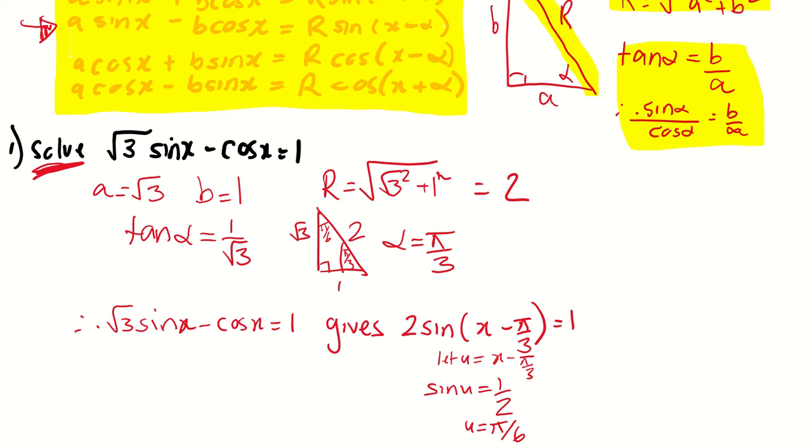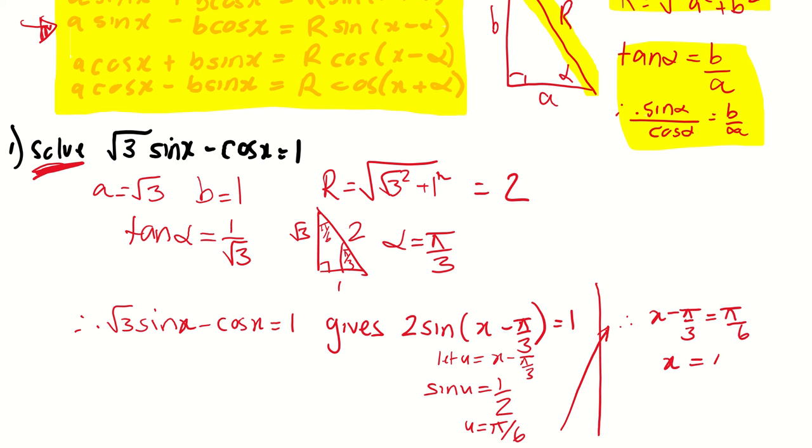But then don't forget I let u equal x minus pi on 3, and I want to find x. So therefore, x minus pi on 3 is equal to pi on 6. Now it hasn't given me any kind of domain, so I'm not going to test for more answers. I'm just going to have this answer.